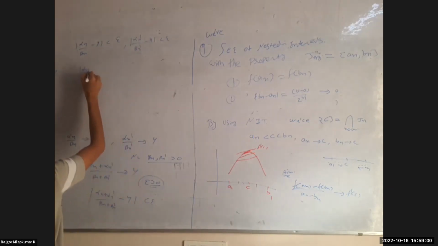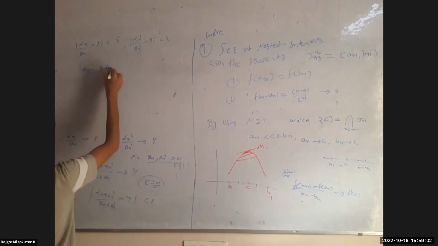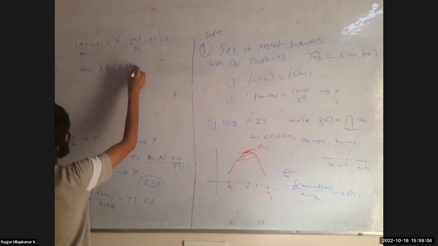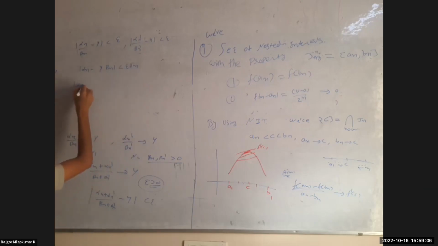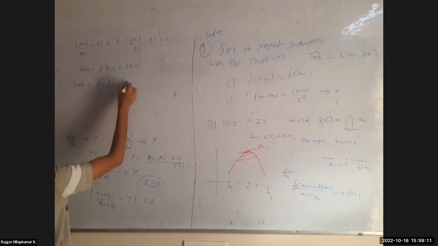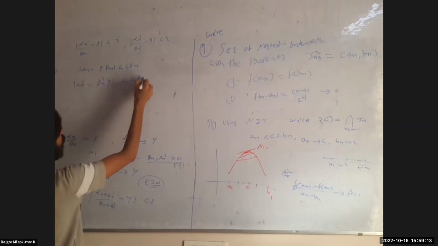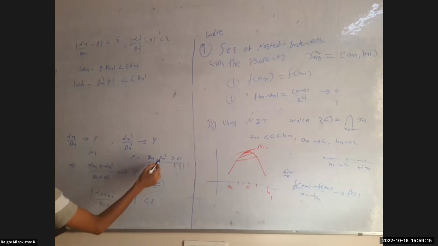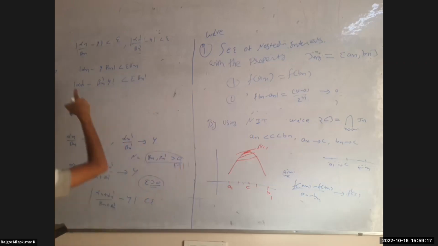This means that alpha n minus gamma beta n is less than epsilon times beta n, and alpha n dash minus beta n dash gamma is less than epsilon times beta n dash, because beta n and beta n dash are positive, so I can just take them here.